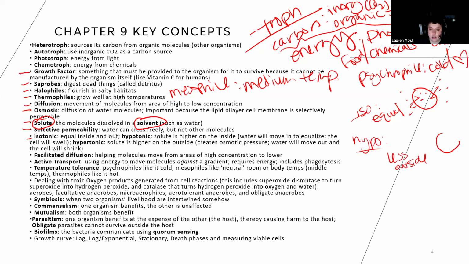So that would look something like this. Here's your cell, and you have all this stuff maybe inside of it, and you have less concentrated outside. So what happens is the cell tries to water itself down, what's inside, to match what's outside. So water would be able to go in, and this would mean that cells would swell.